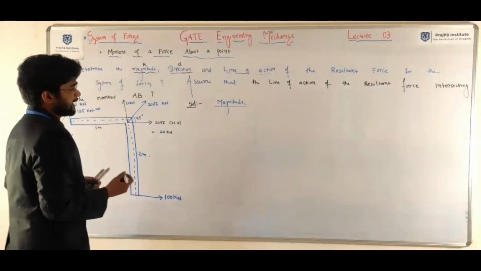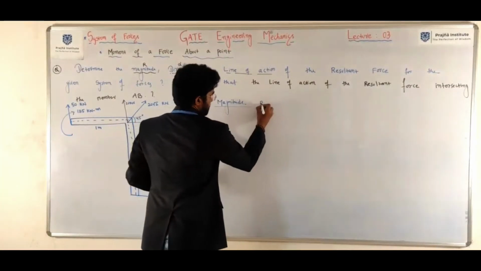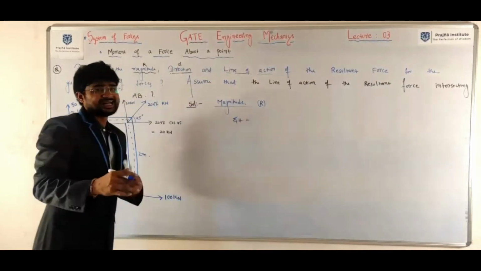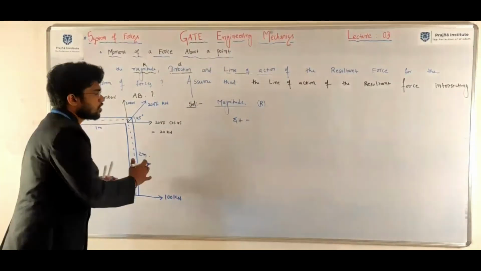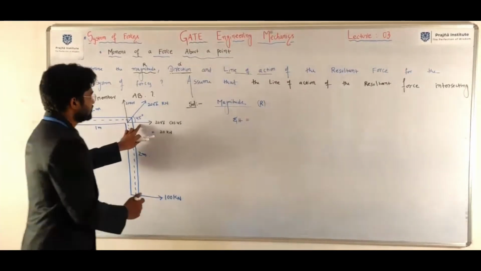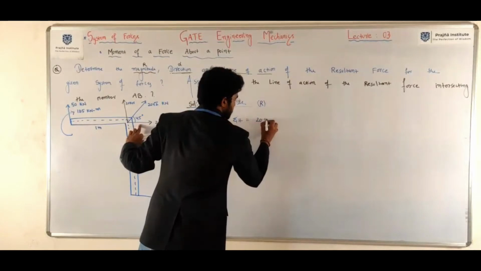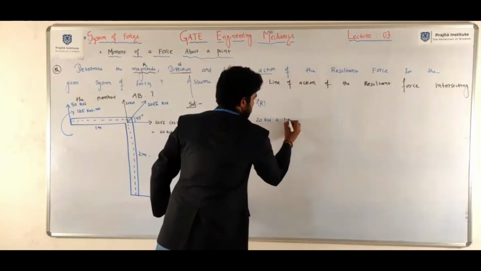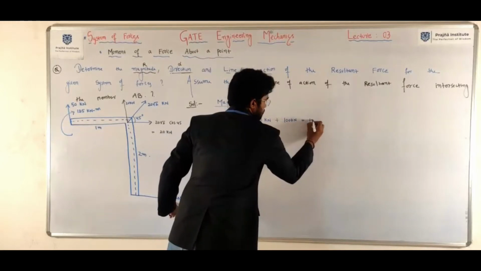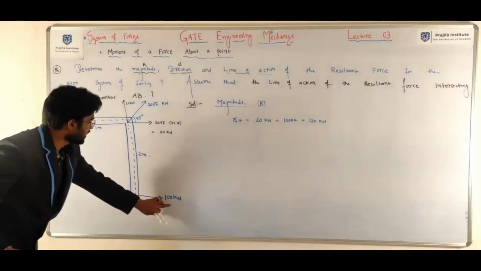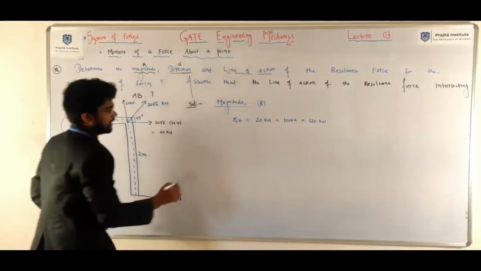How to calculate magnitude? Tell me. Sigma H equals the algebraic sum of all the horizontal forces. Here, 20 kilonewton plus 100 kilonewton equals 120 kilonewton.